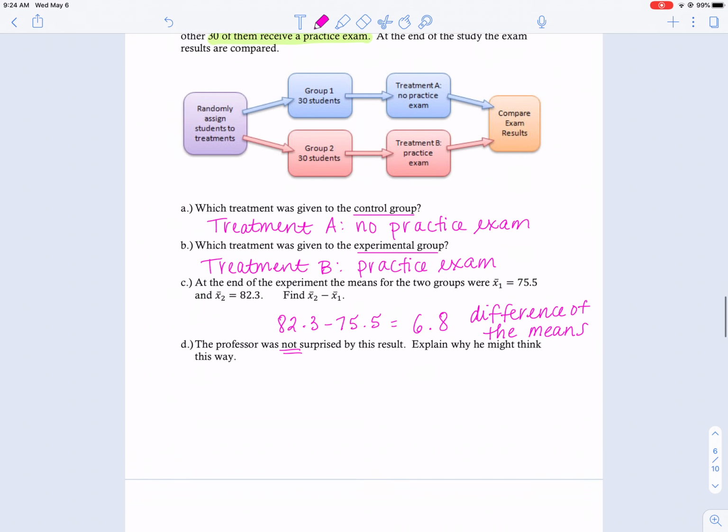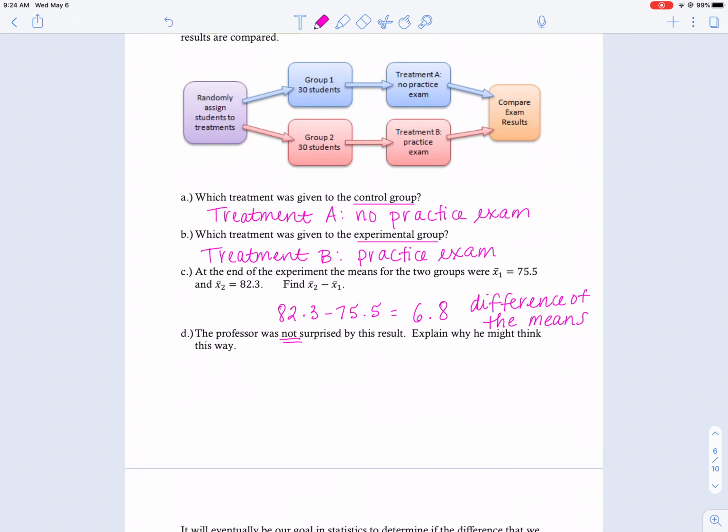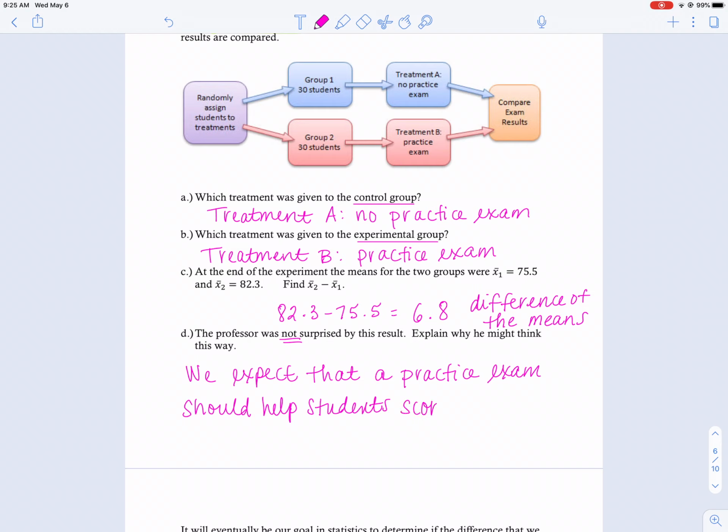Okay, so I am going to say we expect that a practice exam should help students score better on the exam.